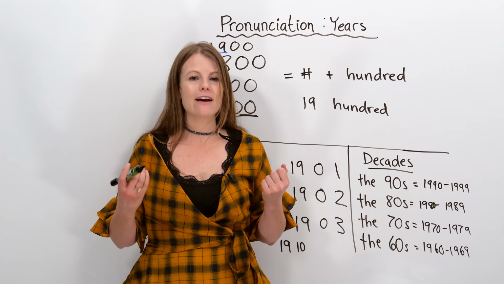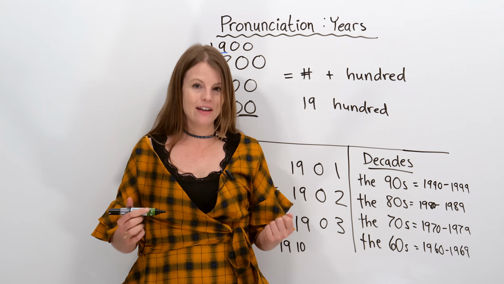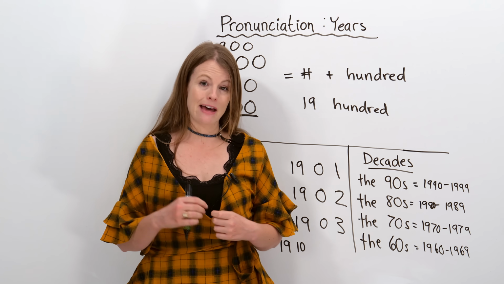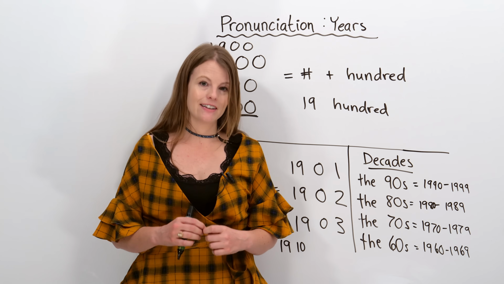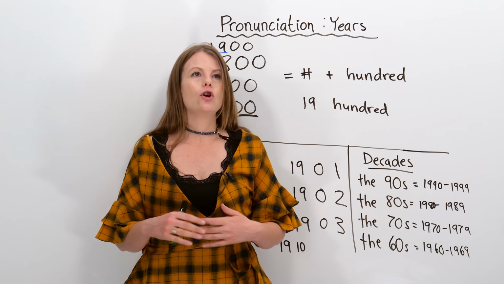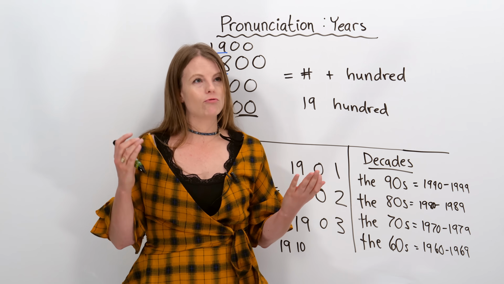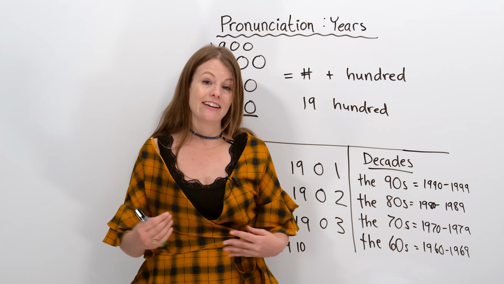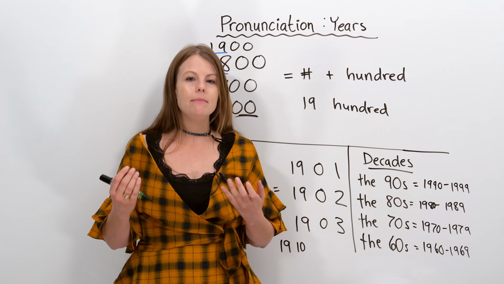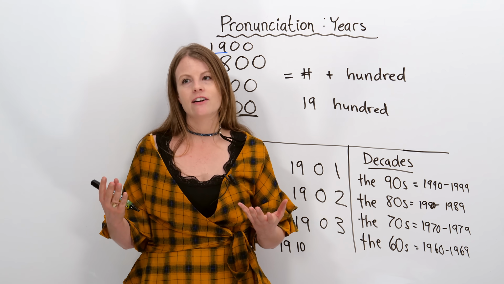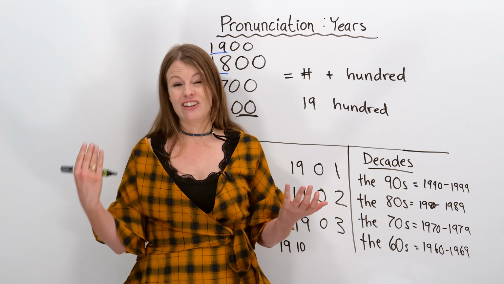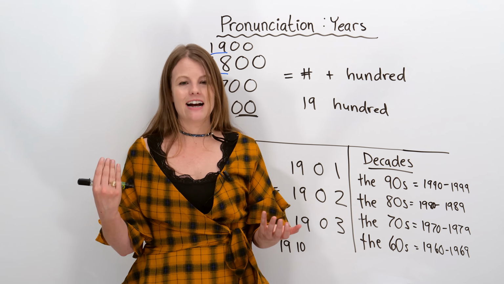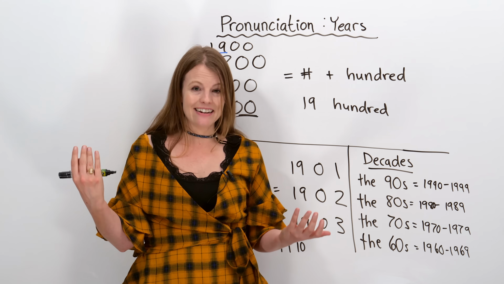Okay, so we have covered a lot today. What I want you to do is really focus on the years that matter to your life. So, for example, you might really focus on the year you were born, because you're likely to say that year a lot. Or maybe years that are happening now or just happened, like 2020, 2021, 2010.